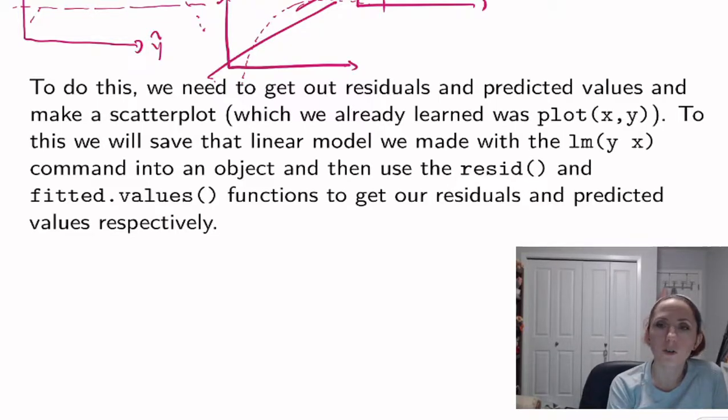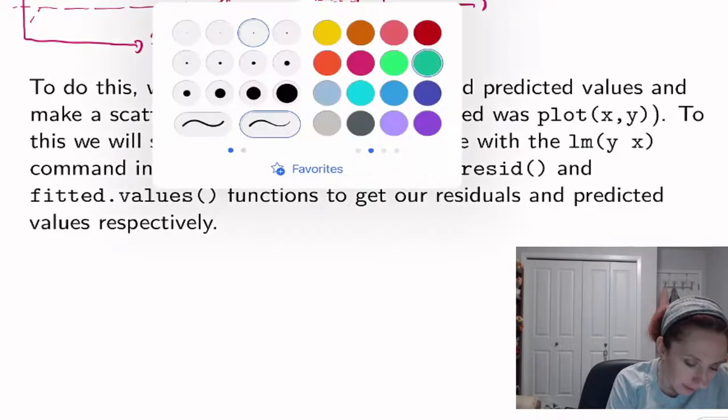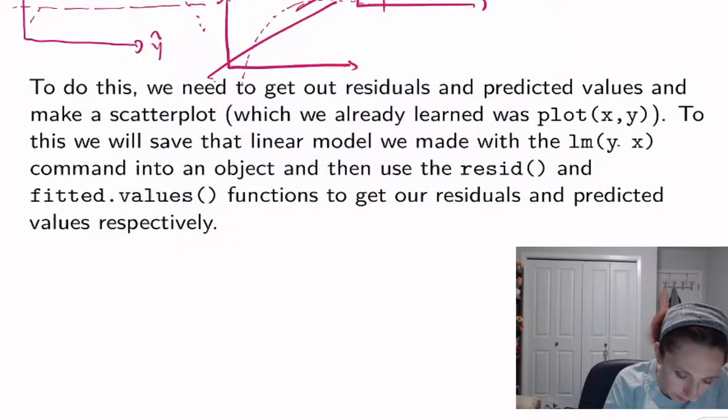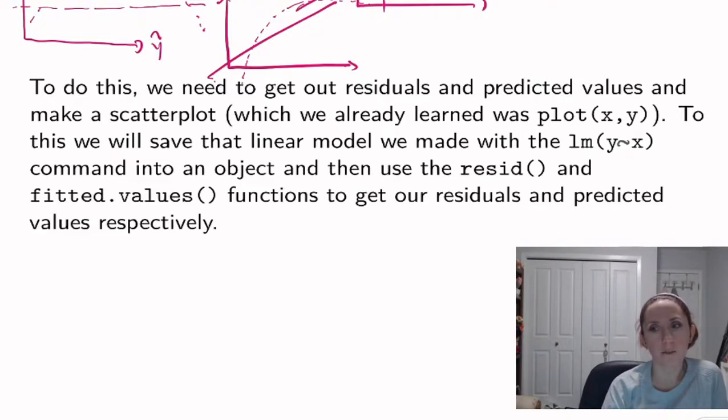Now, let's learn a little extra skill here. We were using that lm function in order to get our coefficients for our regression line. If we save it to an object, so instead of just going lm y tilde x, I instead save it to something, I can tease out more information.